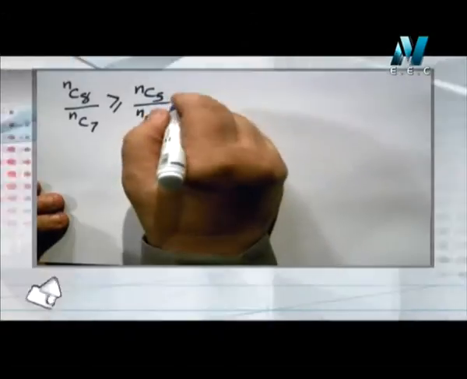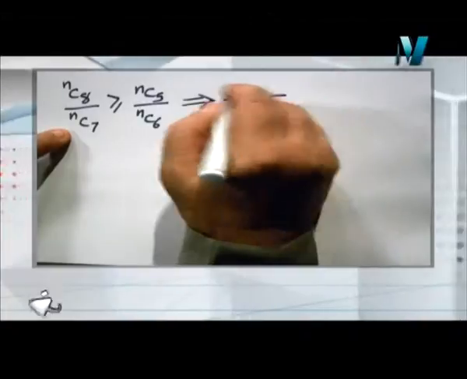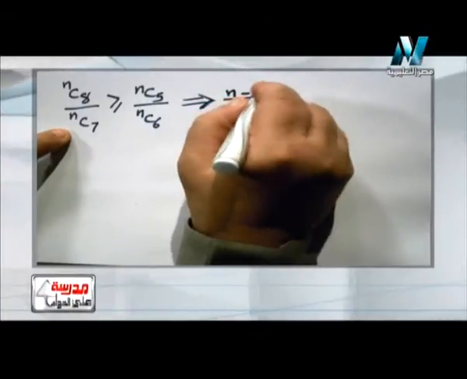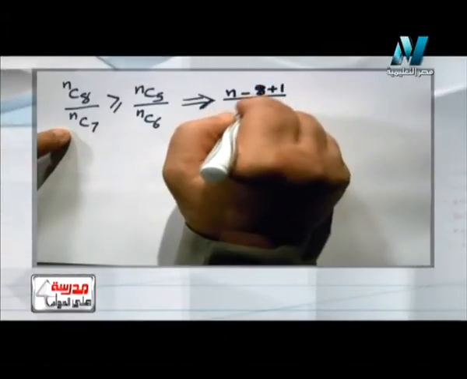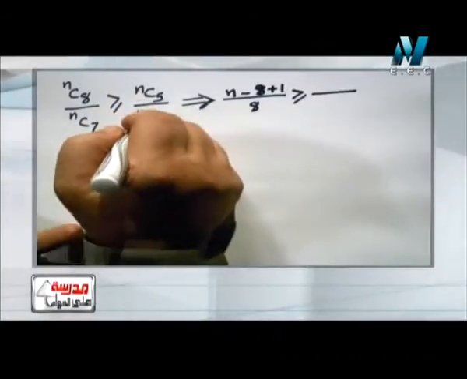Now we have NC8 over NC7, the ratio between two consecutive combinations, so I can use the law of division. It is equal to NC8 over NC7, which is (n minus 8 plus 1) over 8, greater than or equal to NC5 over NC6.